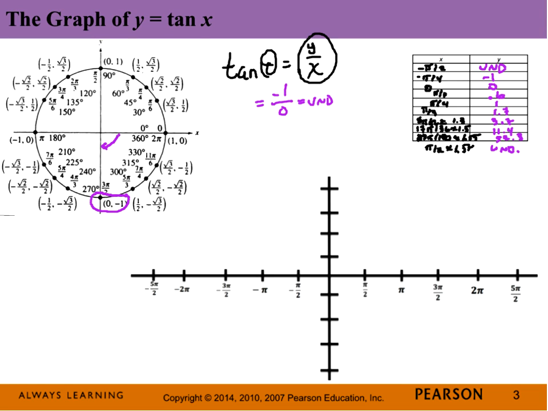So notice pi over 2, I'd have positive 1 being divided by 0, but it's undefined either way.